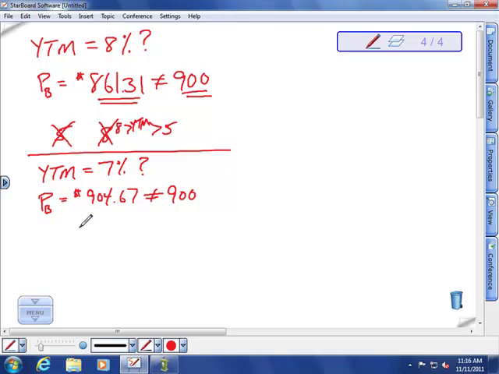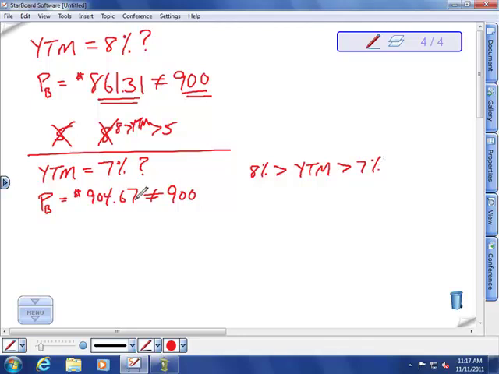So a little bit greater than 7% because we want this 904 present value to go down to 900. In order to make the 904 present value go down, we have to increase the rate. So that means that the yield to maturity here is less than 8%, but greater than 7%.